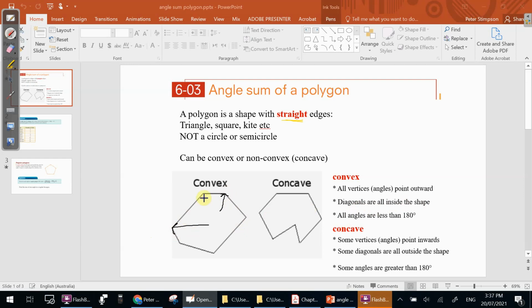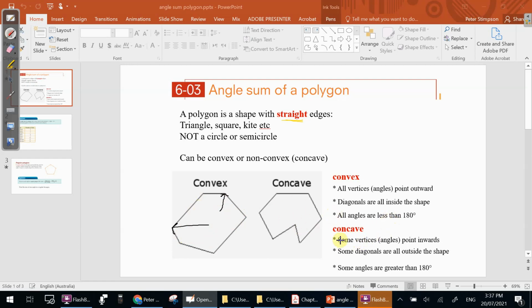Diagonals are all inside the shape, so diagonal from one corner to another, they're all inside, and all angles are less than 180. Some of them are acute, some of them obtuse. So that's the convex one.